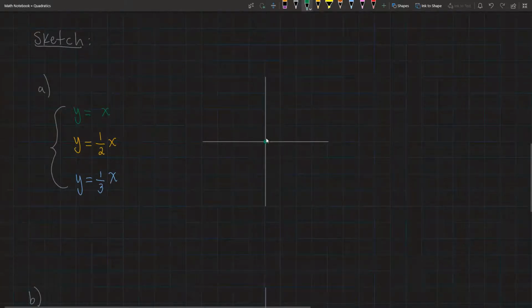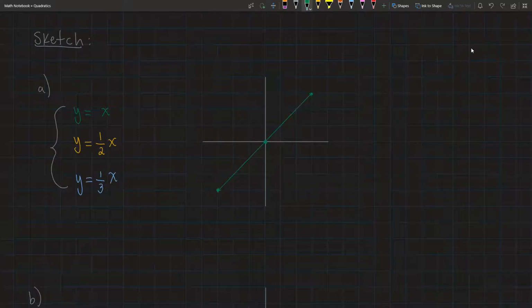So just like before, it's going to be up 1 over 1, up 1 over 1, 3 times. I'm going to go to about right there. By symmetry, we should have that point. Let's see how quickly I can do this. That's not too bad. I like that.